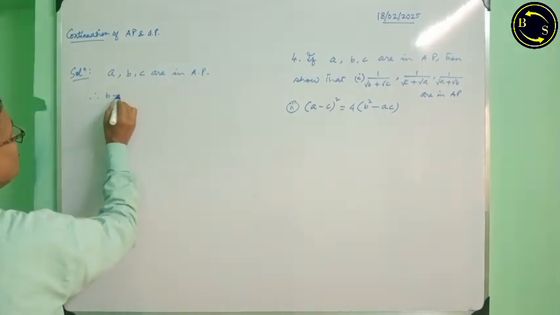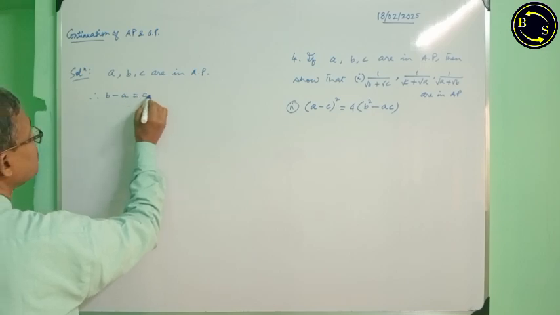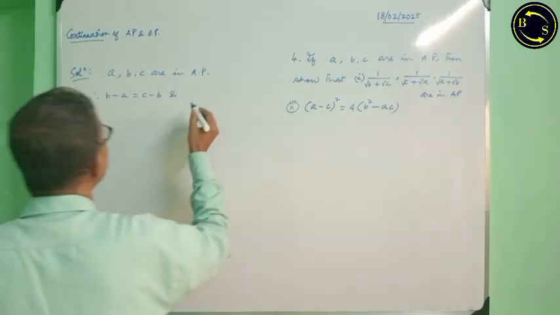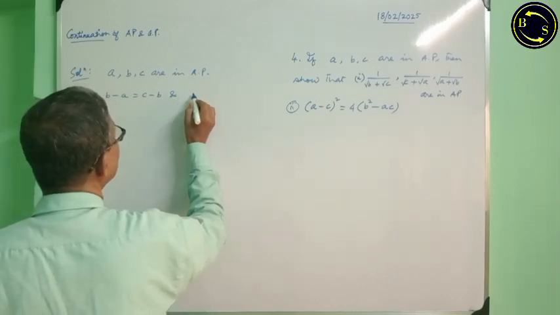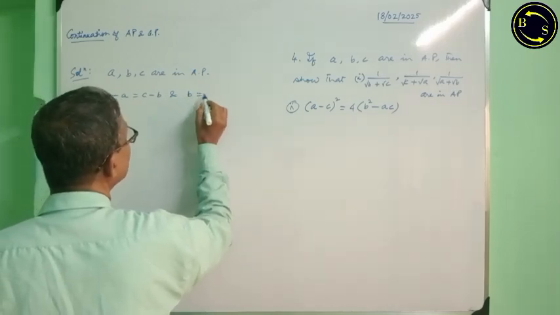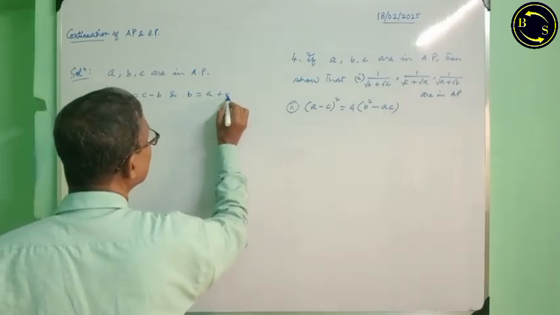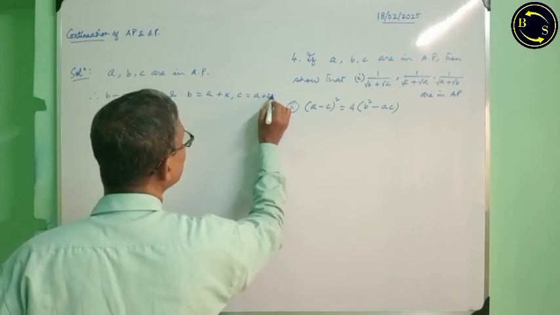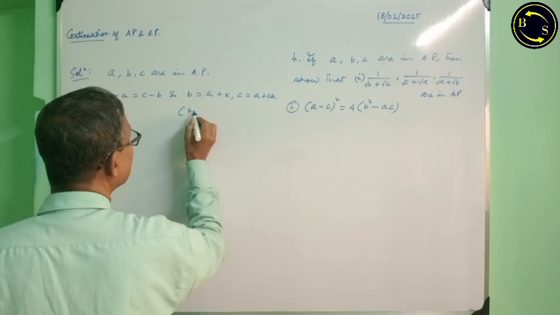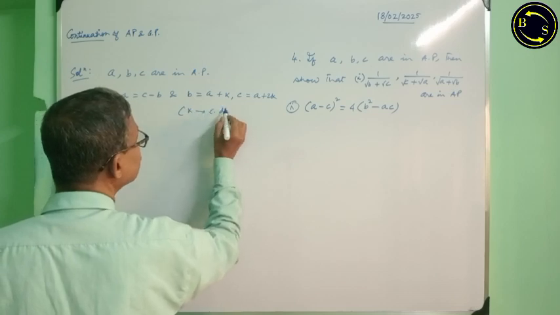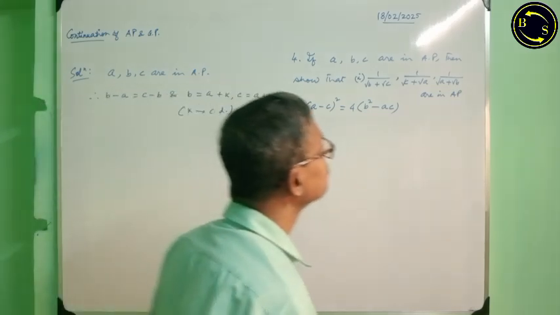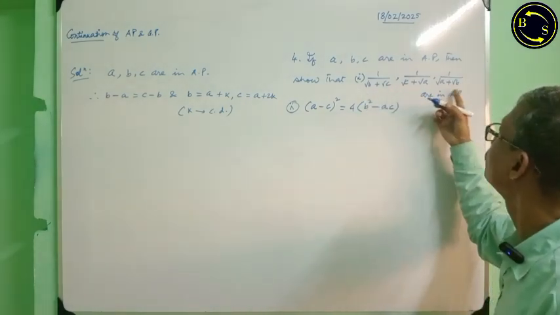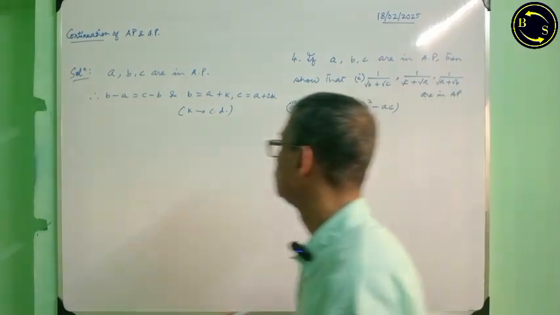Therefore, B minus A is equal to C minus B, and we can take B equal to A plus K, C equal to A plus 2K, where K is the common difference. Now, in the first case, we have to show these numbers are in AP.